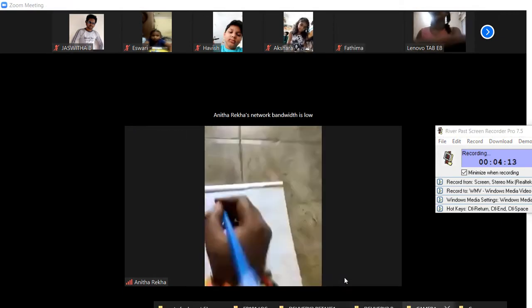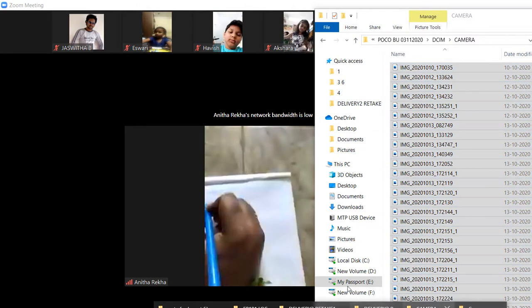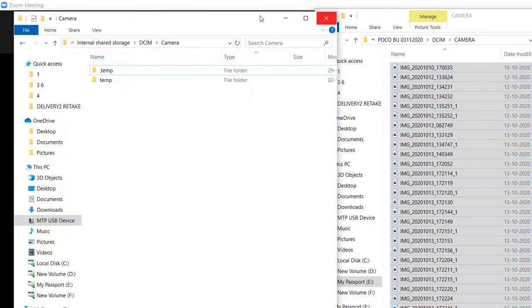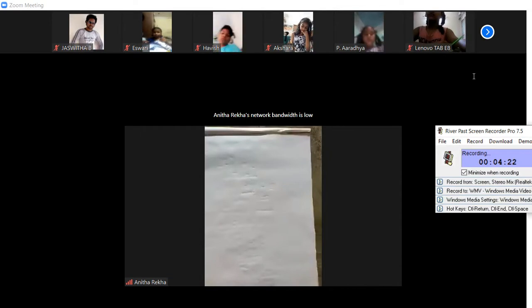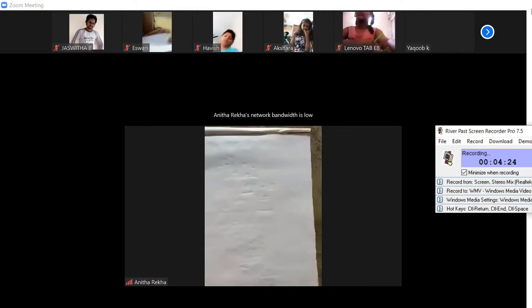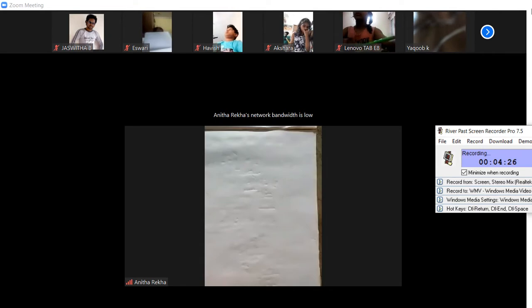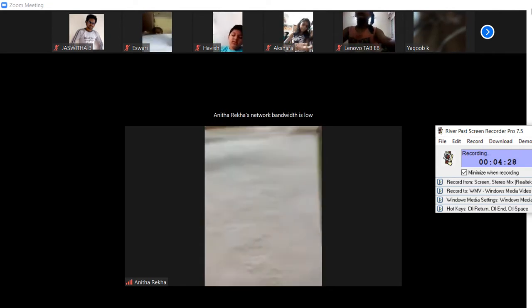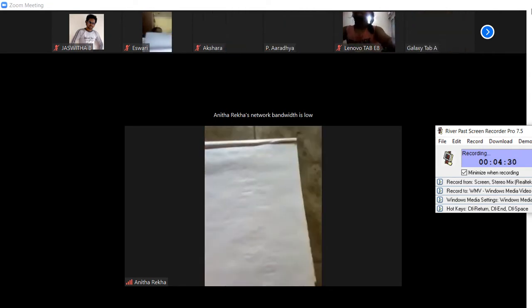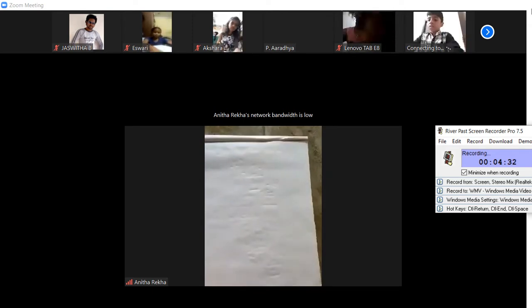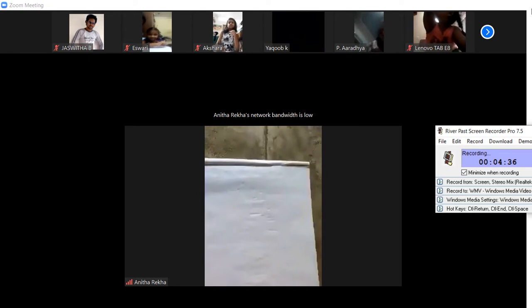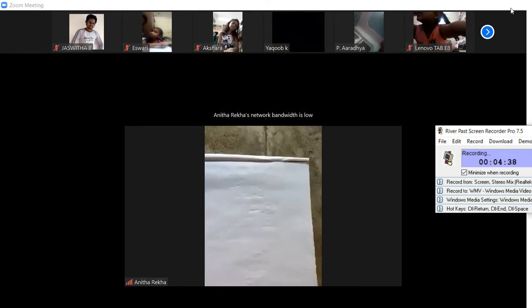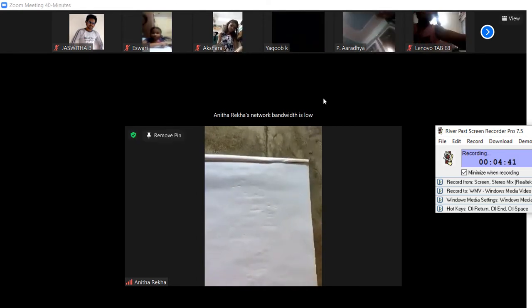What is the symbol for addition, children? Plus. Very good. The symbol for addition is plus. All of you note down the question.